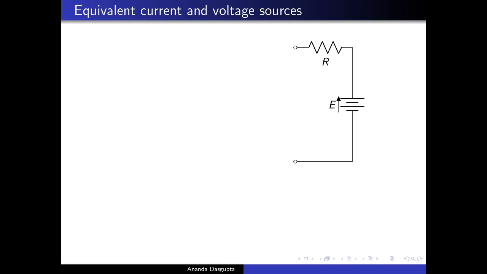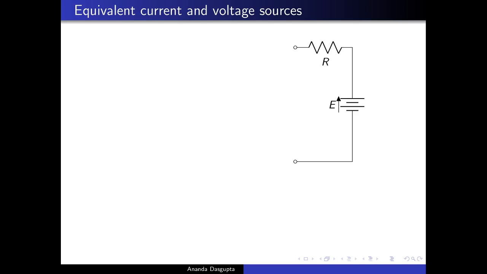But in addition, and this is also something which you all know, a battery is supposed to have a resistance, an internal resistance. Now, what does all this mean? Is it really true that a battery is built with an ideal EMF source in series with a resistance? Of course not. This picture of a battery as an ideal voltage source in series with a resistance is an effective equivalent picture.